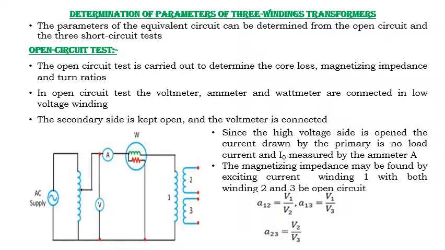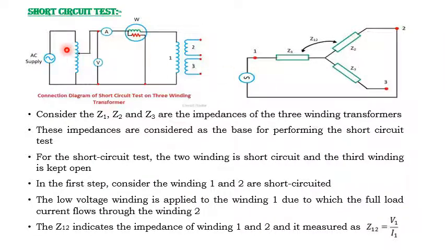Now, similarly, let us go for the short circuit test. You know how the short circuit test is carried out. This is the connection diagram of the short circuit test on a three winding transformer. Let us consider the impedances of all three windings: Z1, Z2 and Z3 are the impedances of the three winding transformer.